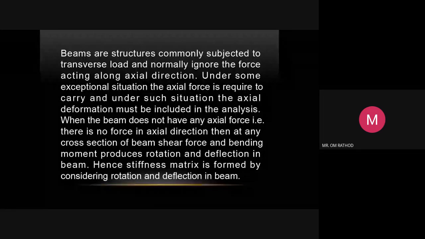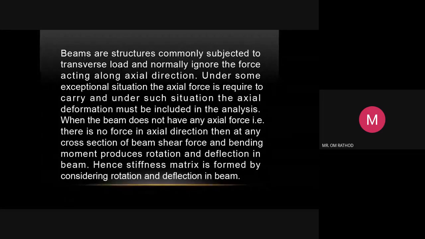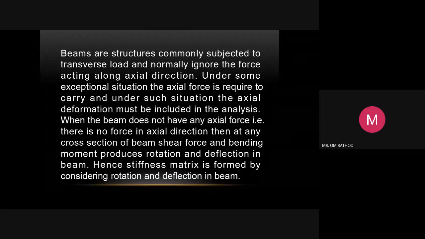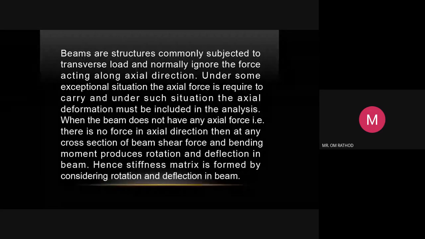Without axial deformation, means there will be no possible displacement along x, because we are going to carry out the analysis as there is no axial force. So no axial deformation. Only there will be the displacement along y and the rotation along z direction.